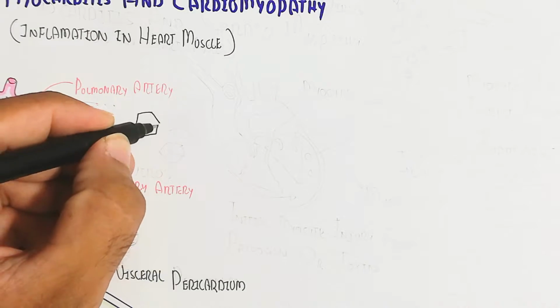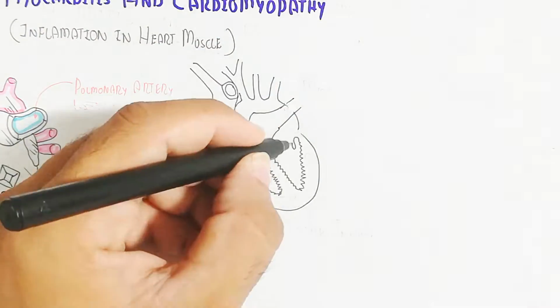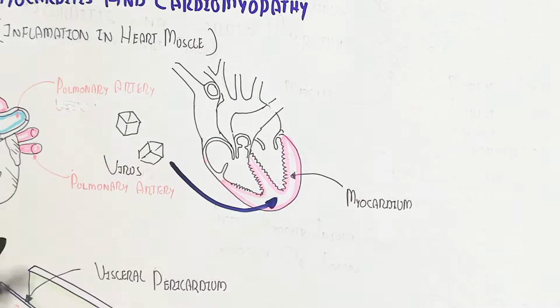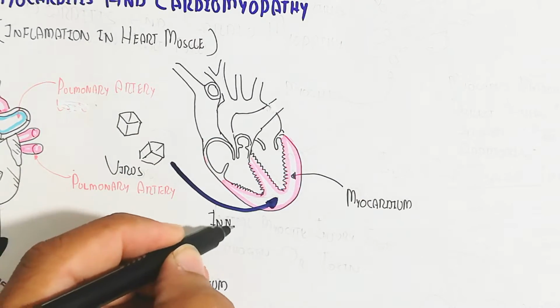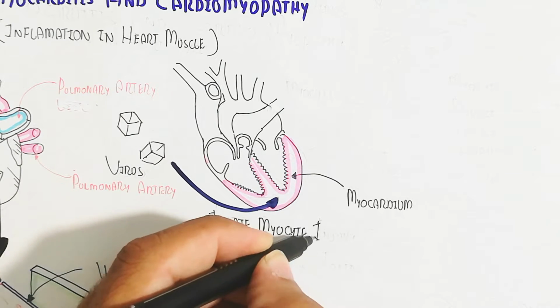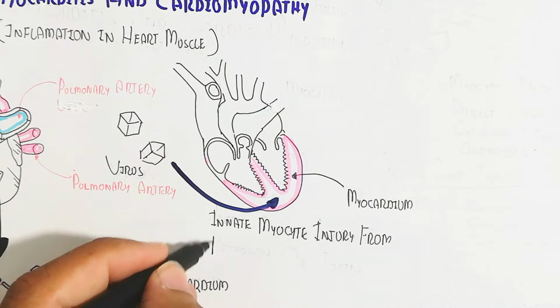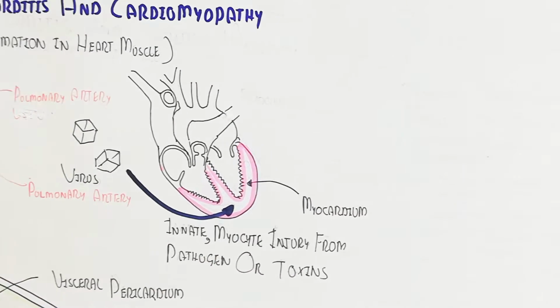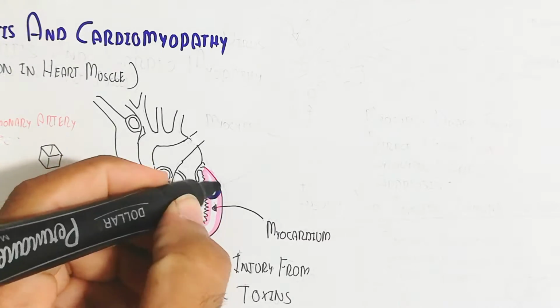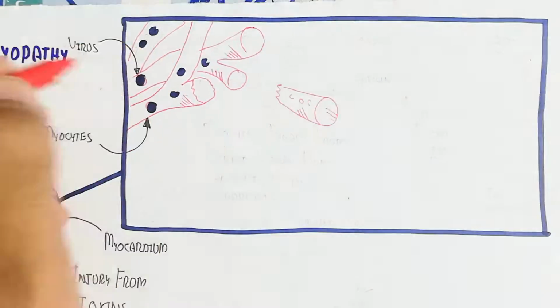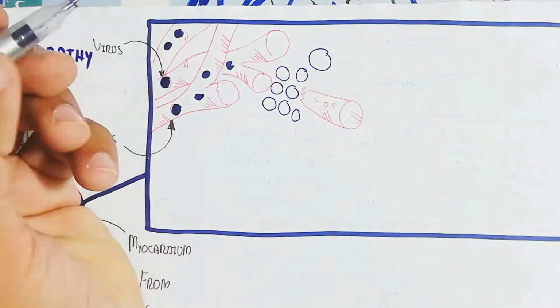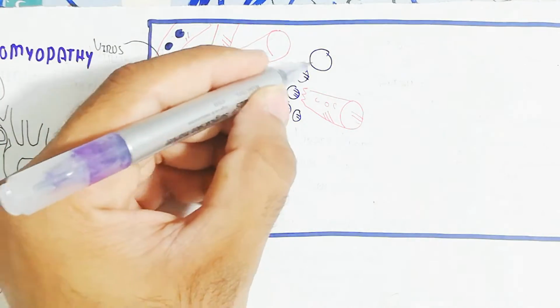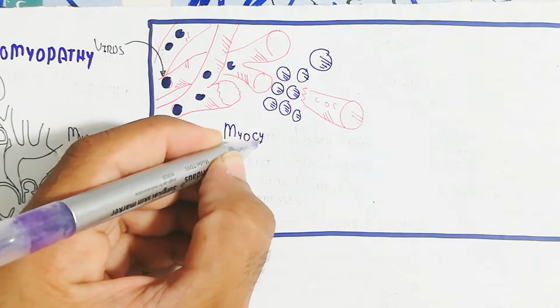So anyway, let's begin to understand cardiomyopathy. This is after infection by the virus. Basically, we are understanding it in detail. So this is the myocardium, with innate myocyte injury from a pathogen or toxin like a drug. Here I am drawing a bigger picture to understand the damage of the myocytes.